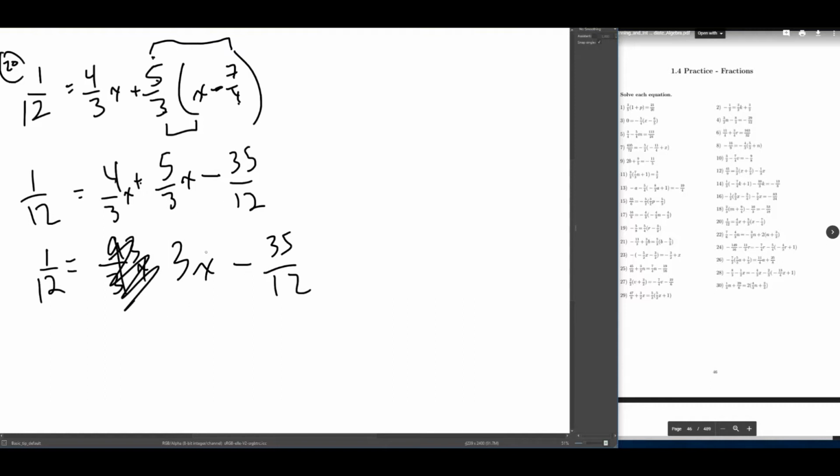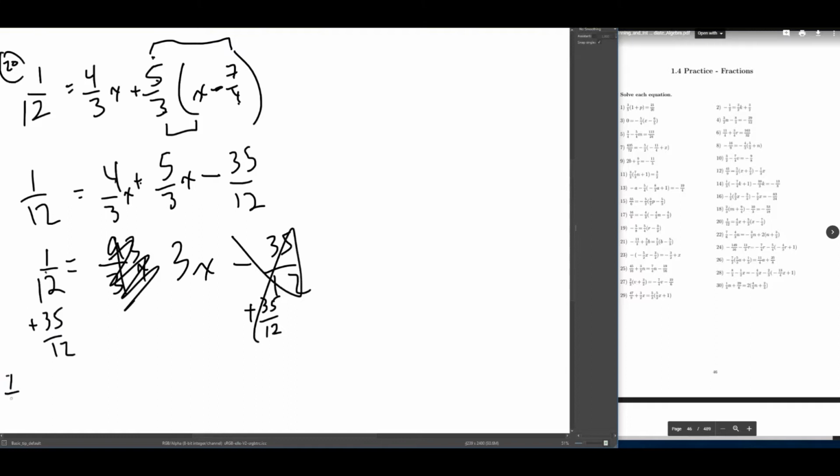Now, I think we can get rid of these fractions. What do you think? Oh, wait a minute. Not yet. Take a look at this now. I have to get rid of minus 35 over 12, and there's a 1 over 12 here. Same denominator. I can simply do simple addition and subtraction. So I'm going to add 35 over 12 here, and I'm going to add 35 over 12 here.